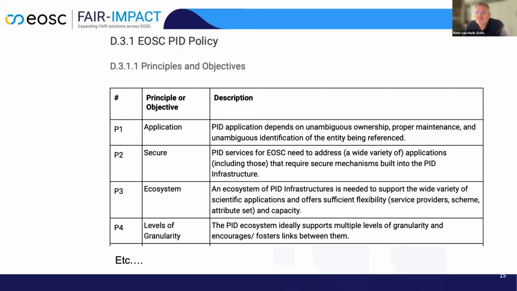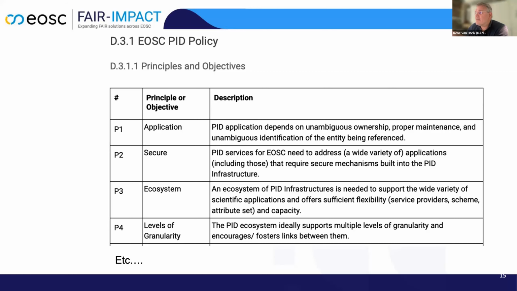It says it should be unique and will be available for the long term. We all agree this is a very important principle or objective. It has to be secure. Granularity, principle 4: that you can make a distinction between different levels of an object and give that level an individual identifier, etc. So this is only an illustration.